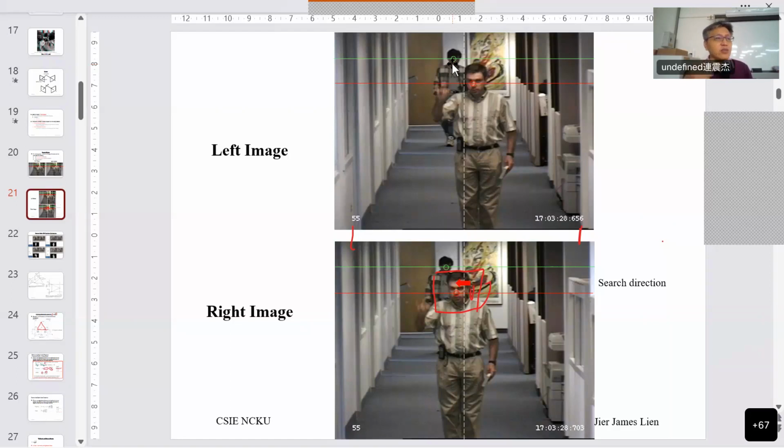Okay, so I explained to you the search region, but it's not a 2D search region, it's 1D, because you already find a corresponding line, what we call the epipolar line. The other thing is, suppose, because sometimes it's important, there is no corresponding point, because we call it partial occlusion.